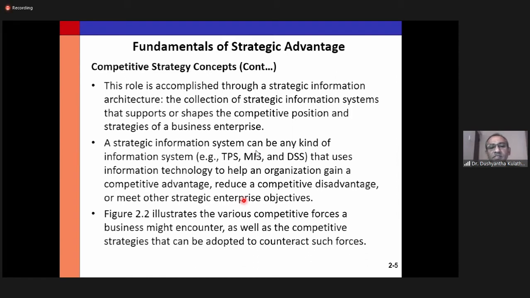So we first need to have an understanding about these competitive forces and competitive strategies the organizations can utilize. And thereafter, we can look at how we can incorporate information technology to support the particular competitive strategies, so that we can gain competitive advantage.